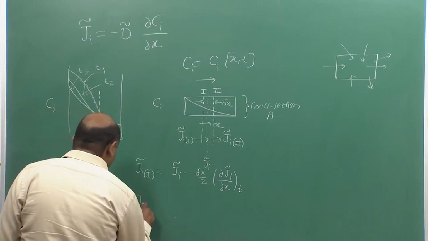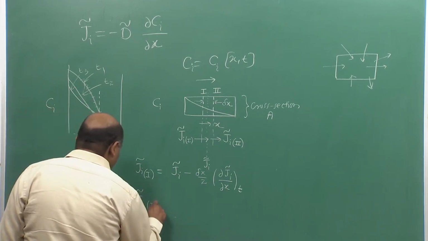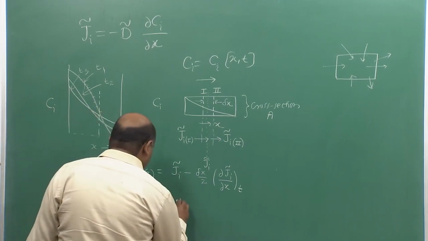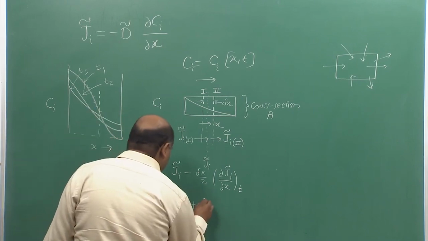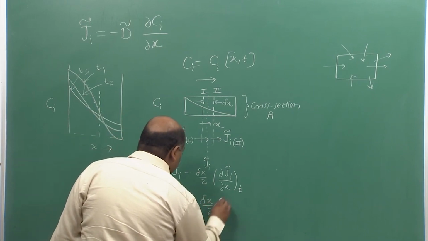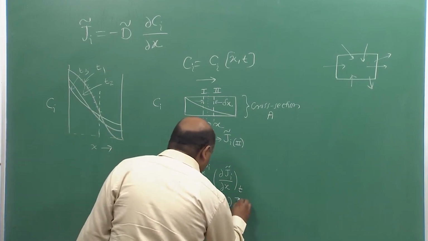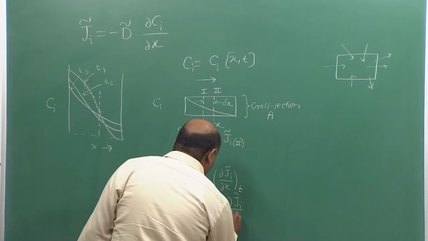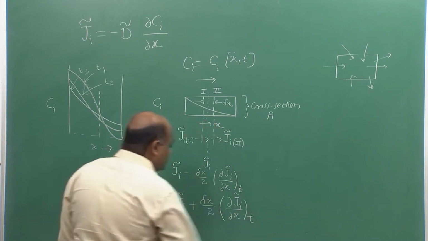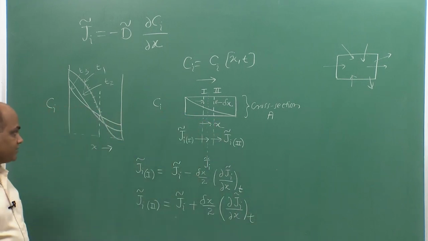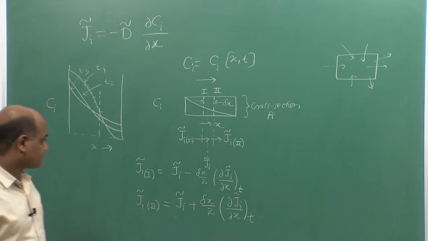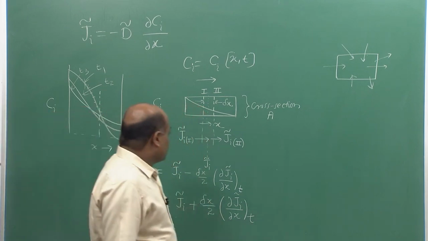And similarly, J I tilde at 2 I can write as J I tilde plus delta x by 2 times dou J I tilde by dou x, the gradient I am considering at the given time t here.